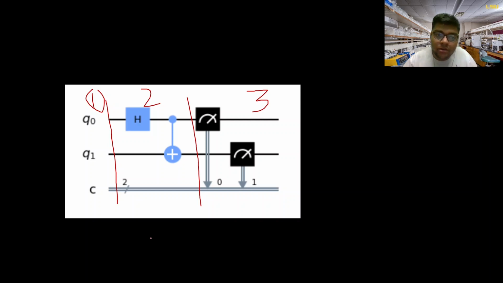But if you are trying to work in a domain, for example, quantum machine learning, then you might want to encode your data into this circuit. For that, you have to initially apply certain operations so that your data is encoded into the circuit. That part is called preparing your qubits in the initial state, and that's the first part.